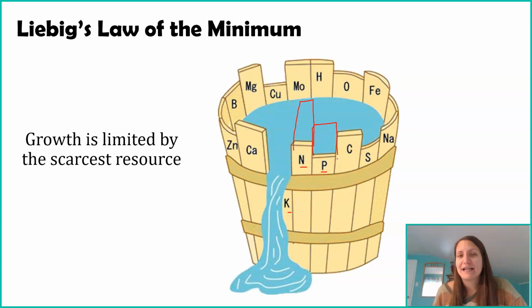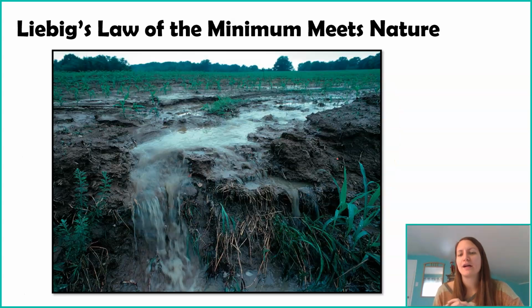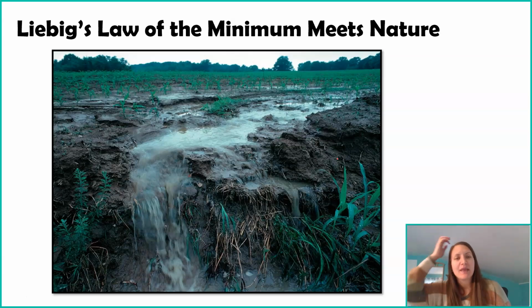Now, the reason I mention this, and this is where Liebig's law of the minimum meets nature, which meets synthetic fertilizer. The problem with synthetic fertilizer is it doesn't get absorbed into the soil super well. I say that's a problem. That's also kind of nice. It's meant for the plants to take up like ASAP.